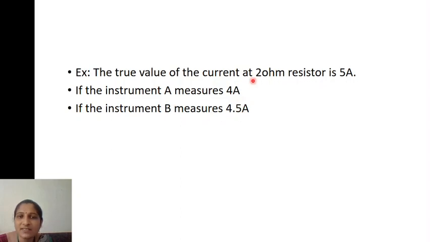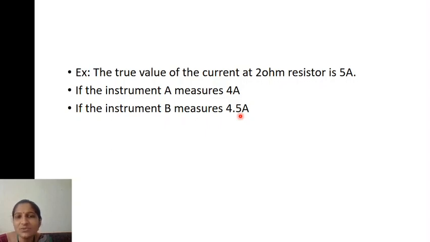Suppose in a circuit you calculate theoretically that the current in the 2 ohm resistor is 5 amperes. While measuring that current, instrument A gives 4 amperes and instrument B gives 4.5 amperes.